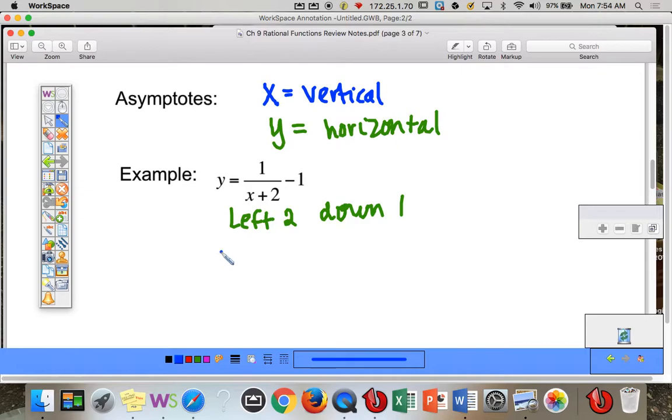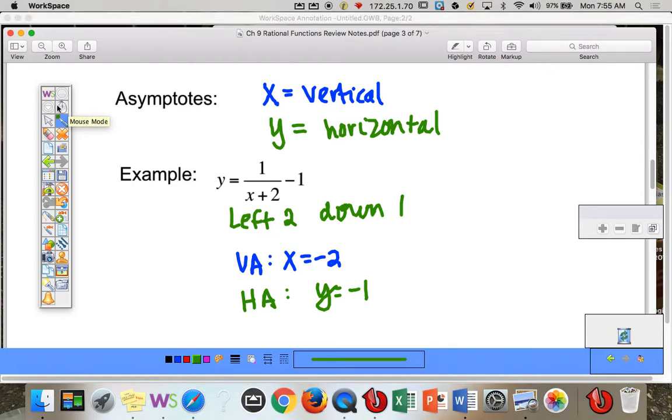Our vertical asymptote would be x equals negative 2, because everything shifts left 2, or it's what makes the bottom 0. And our horizontal asymptote, everything shifts down 1, so it was at 0 but shifts down 1, so y equals negative 1 is the horizontal asymptote.